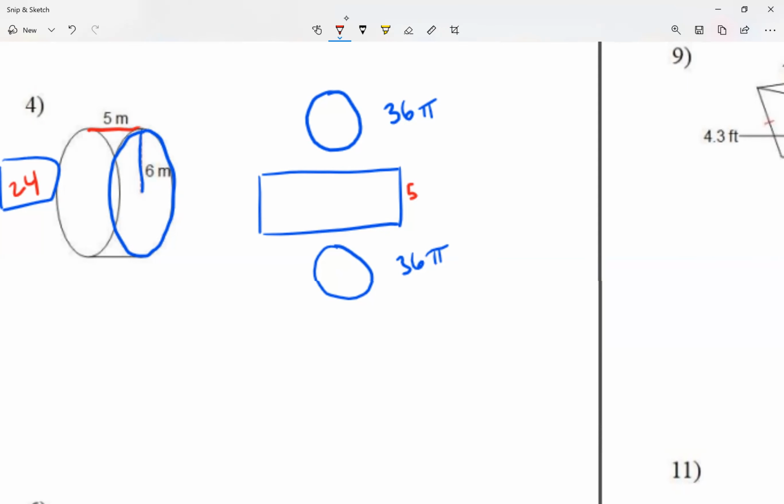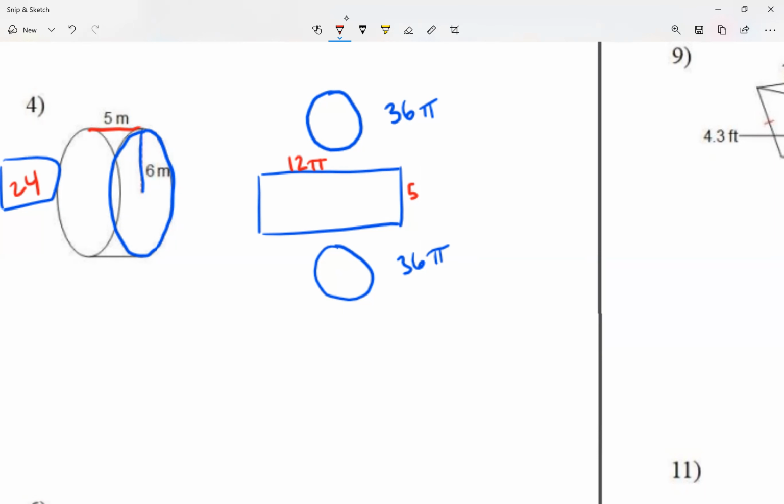The long side is going to be based on my radius. My radius is 6. I'm going to say the long side is going to be 12 times pi. I went radius times 2, right?